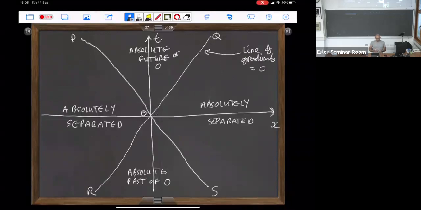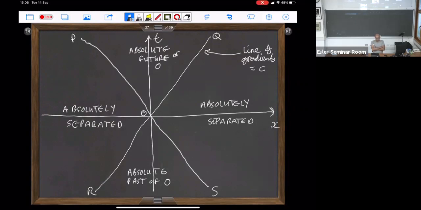So if we suppress the y and z directions, we can just think about a two-dimensional space-time with a coordinate x and a time coordinate t, so we're just in one dimension of space. Then we can think about an event which occurs at the origin, O, right at the center of this diagram.